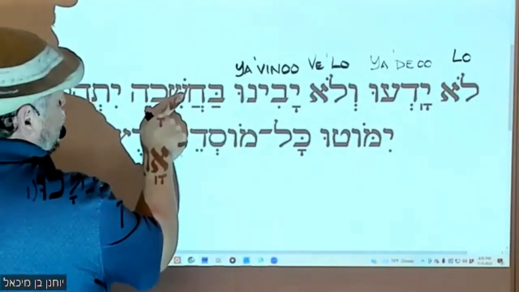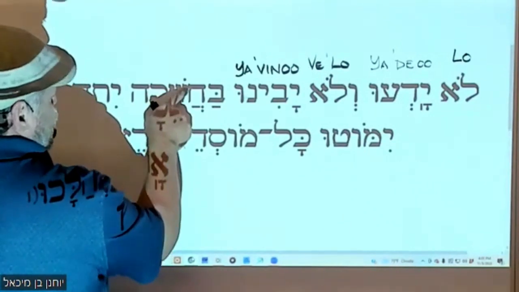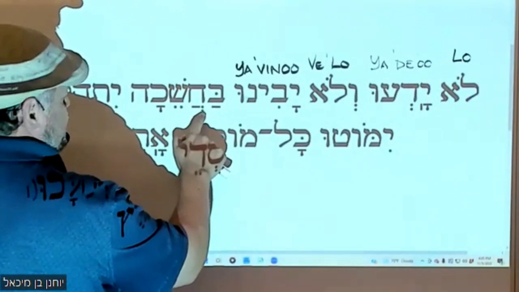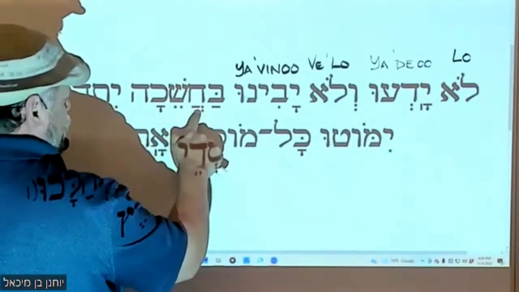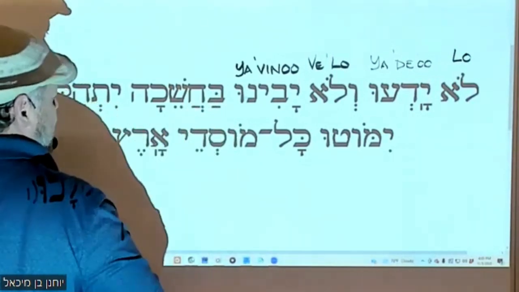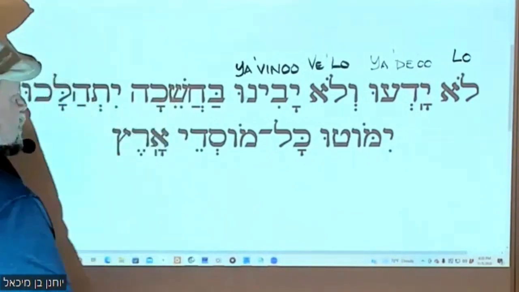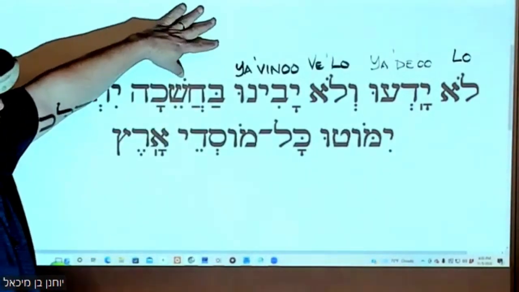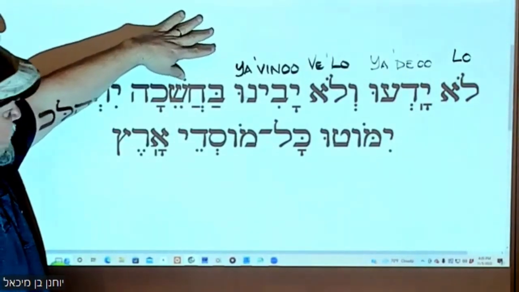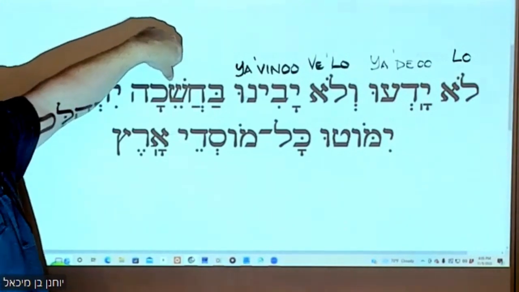Then we have the letter chet, right? Look right here. There's no separation. So with no separation, we know we're going to pronounce it as CH. And then it's set as chatef patak, right? So short A as well. So we have bacha. Then we have the letter sheen, right? We know it's sheen because we have this little indicator mark on the top, and it's over the right-hand side. So that's going to make an SH sound. If it doesn't have it on the right and it has it over here on the left, it makes an S sound.